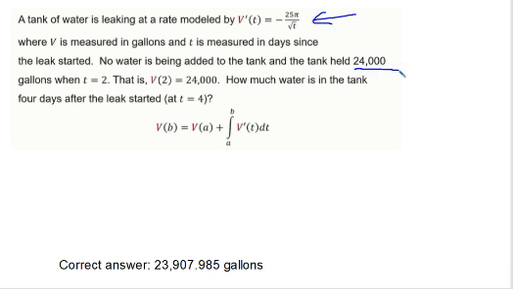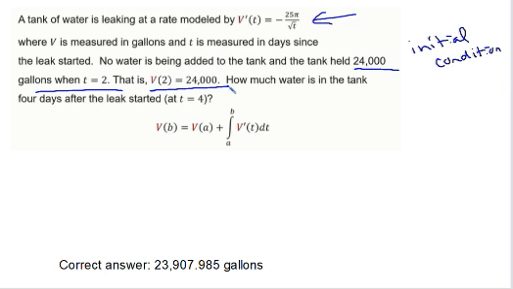This is our initial condition. That means V of 2 equals 24,000. How much water is in the tank 4 days after the leak started, at time 4?